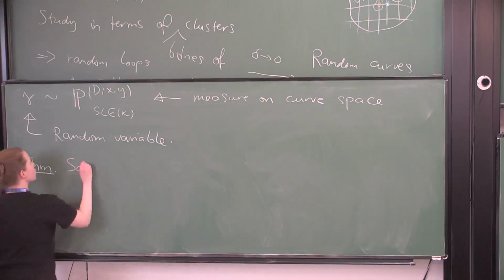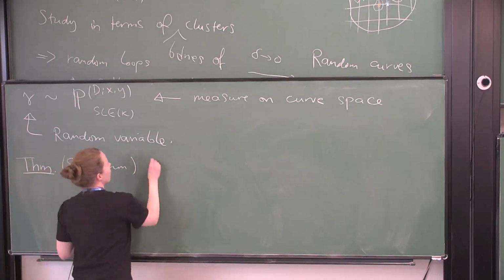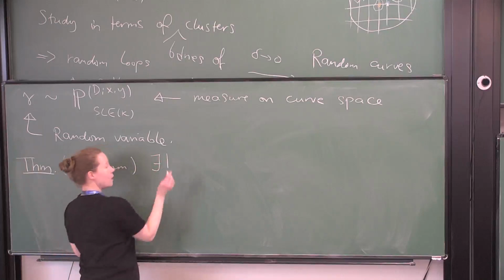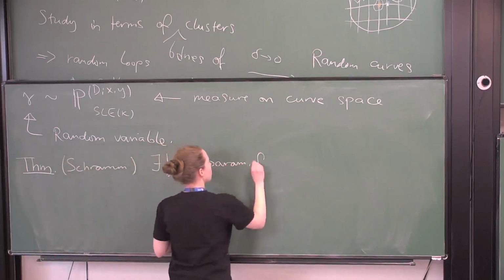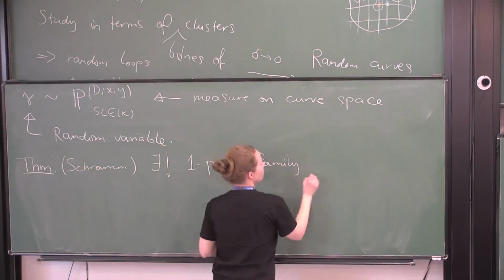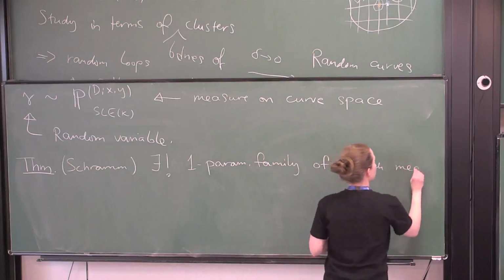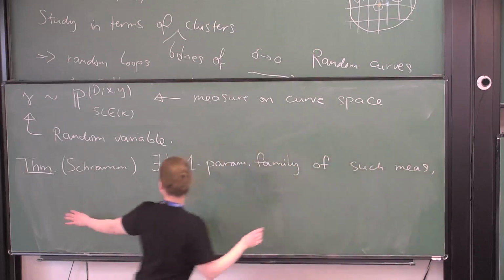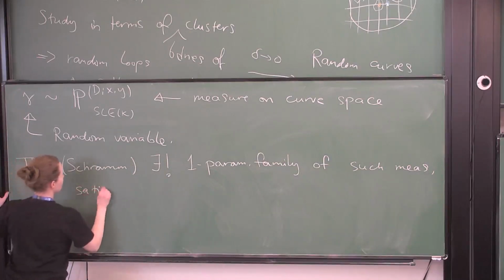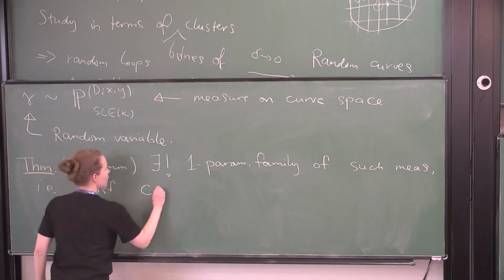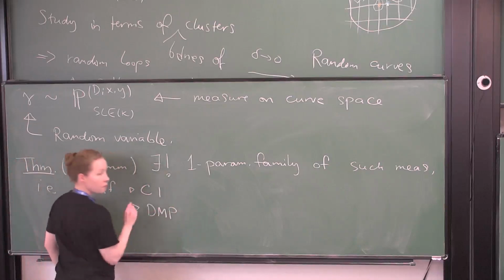So this is a theorem by Schramm. There's a unique one-parameter family of such measures. What does that mean? It means satisfying this conformal invariance property and this domain Markov property.